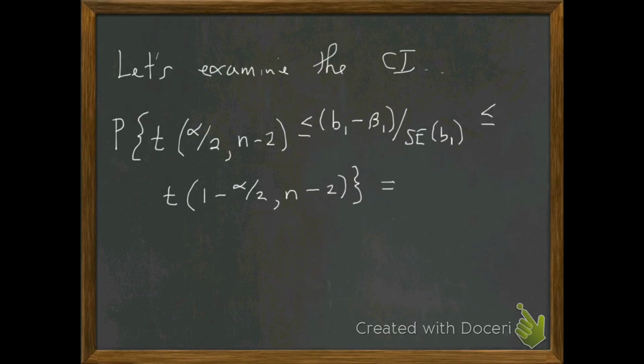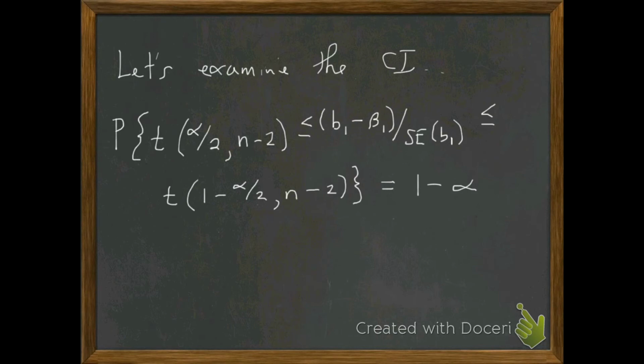And of course, we know this is going to give us a value of 1 minus alpha. Now, I want to multiply through by some stuff.